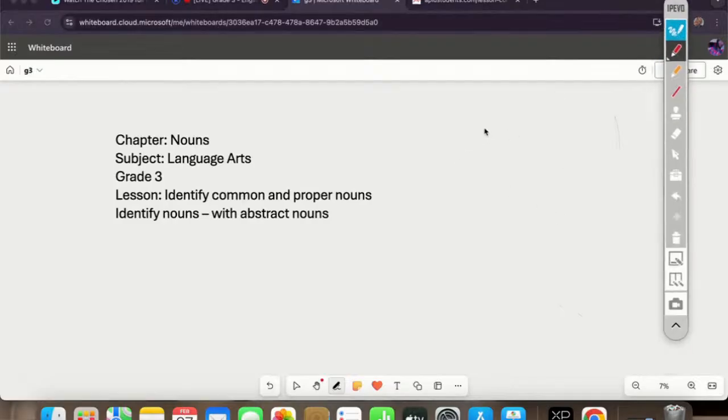Today we'll continue our lesson on the nouns. First, you have to log in using aplusstudent.com. Click on it, move on to language at grade 3. Chapter is nouns. Lesson is identify common and proper noun.